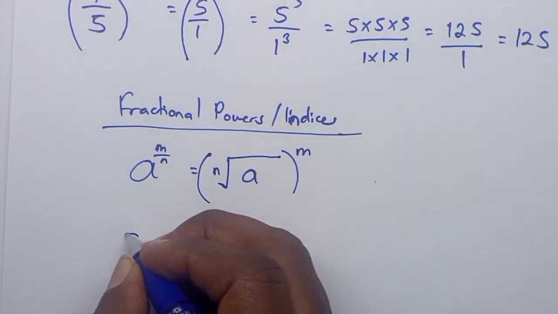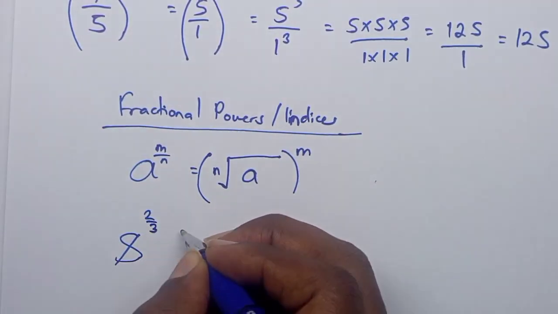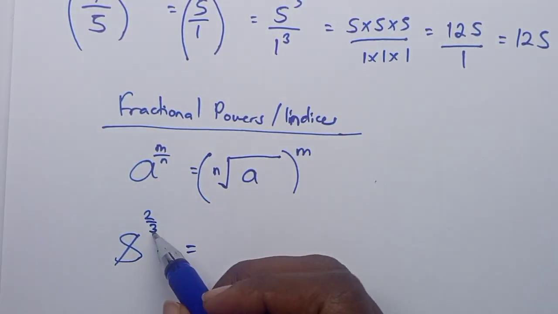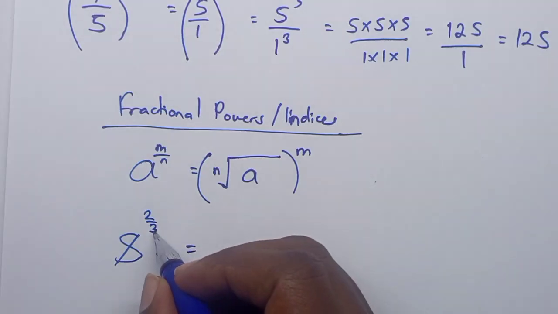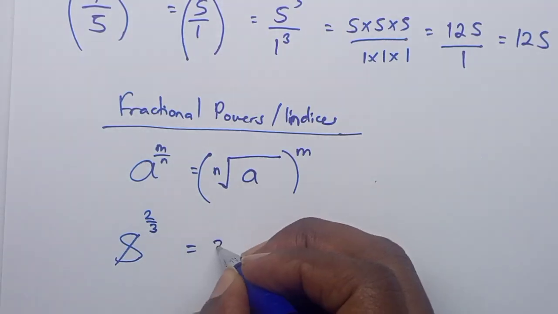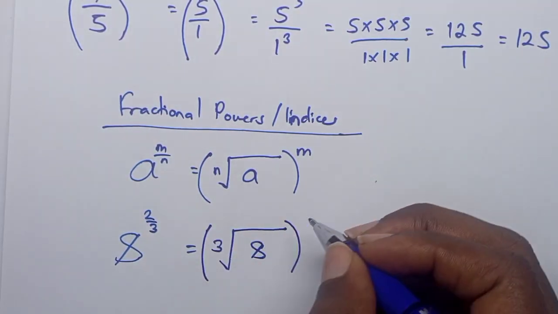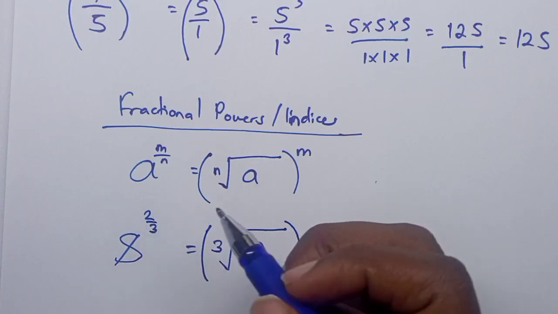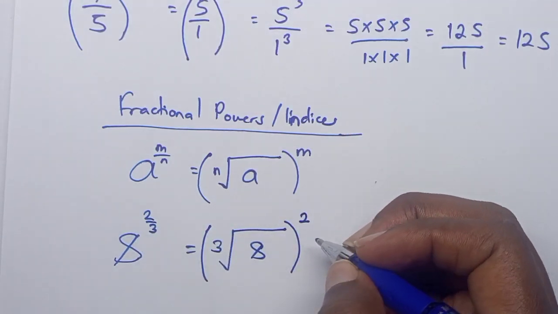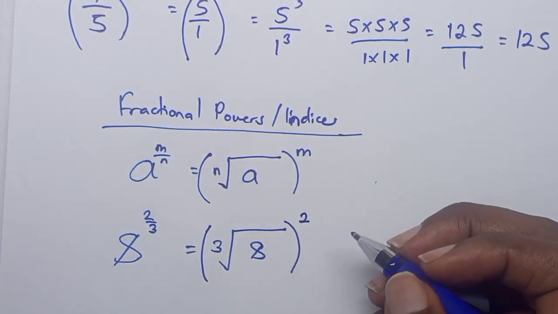So let's say we have 8 to power 2 over 3. This simply means that the denominator becomes the root of this 8, so the third root of 8, then we put the power, which is 2. This is what it implies.